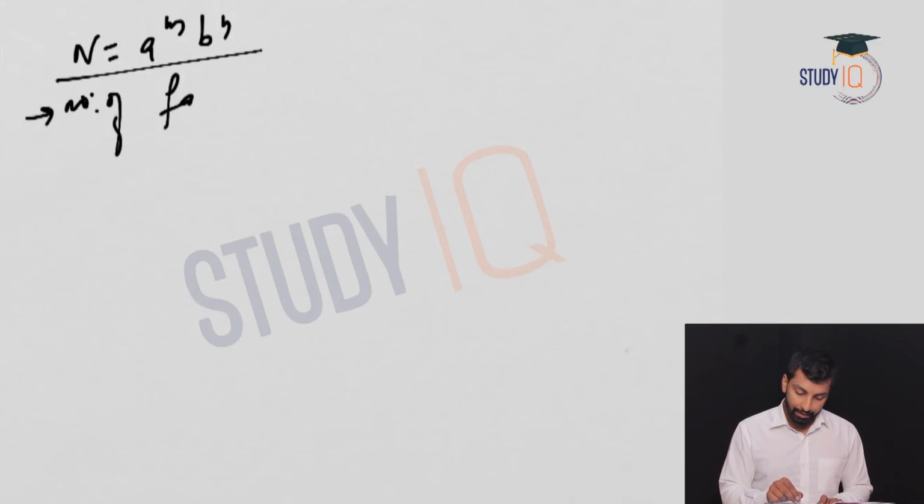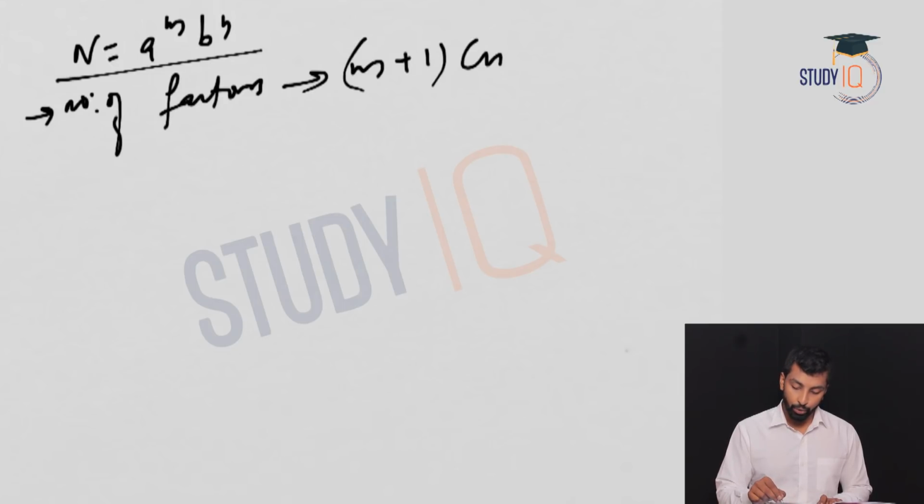So what all things have we discussed? If a number can be represented as a raised to m, b raised to n, first we started off with the number of factors. I hope all of you understood this, right? (m plus 1) into (n plus 1). Then if you can find the number of factors, you can obviously find the sum of factors.